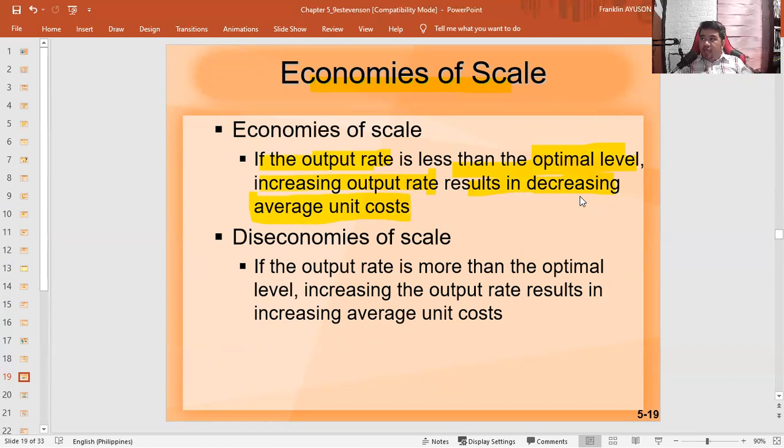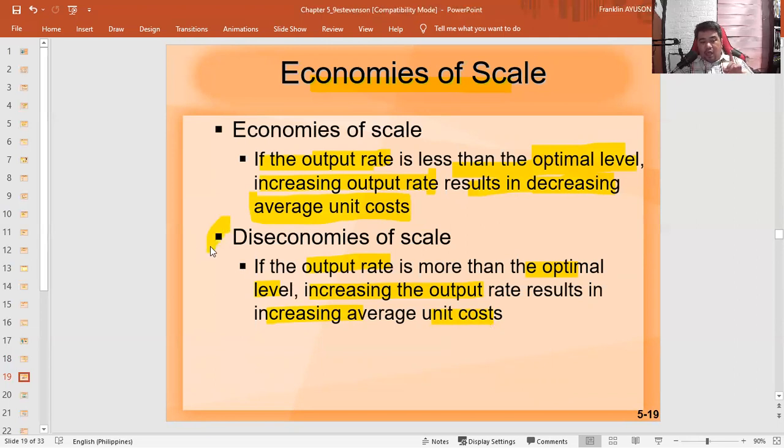On the other hand, you have diseconomy of scale. This time, our output rate is more than the optimal level, where increasing the output rate will result in an increased average unit cost. Ibig sabihin, tataas ngayon ang per unit cost mo.